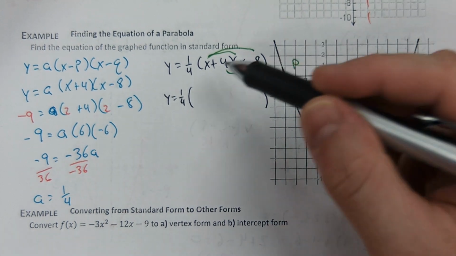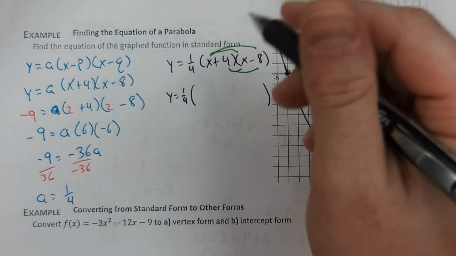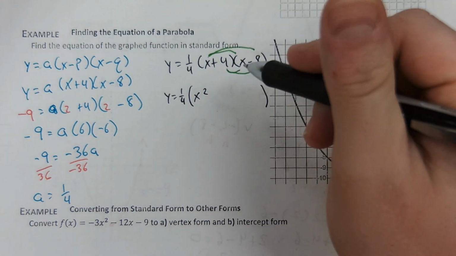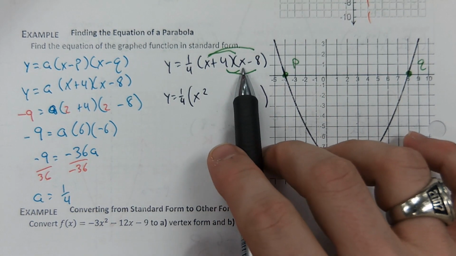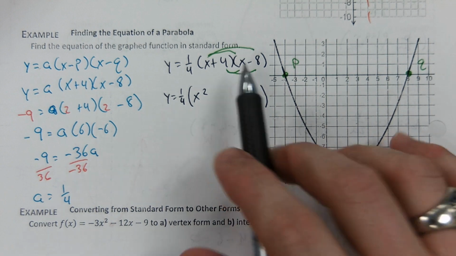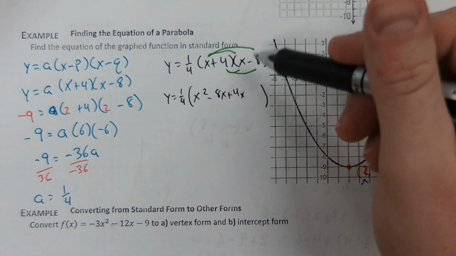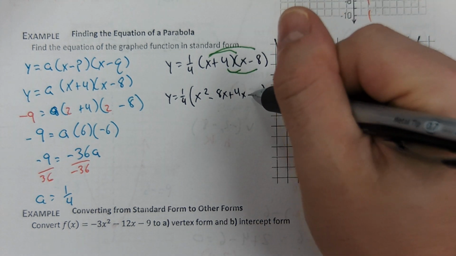So when you go through the full distribution process, you have x times x, that's x squared. X times -8, that's -8x. 4 times x, that's +4x. So we've got this -8x and this +4x, and they'll combine, and 4 times -8 is -32.